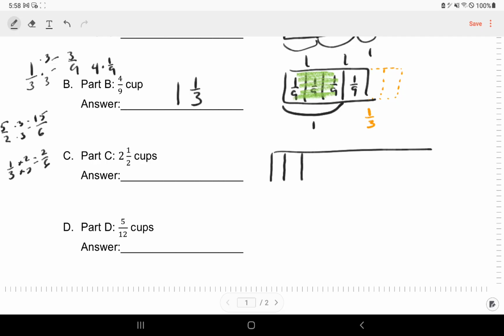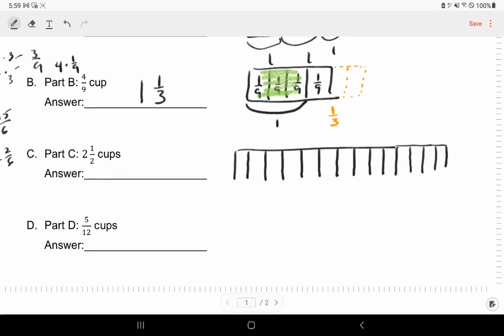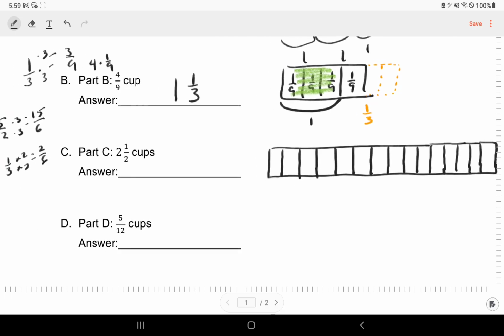1, 2, 3, 4, 5, 6, 8, 9, 10, 11, 12, 13, 14, 15. And I'm going to do groups of 2.